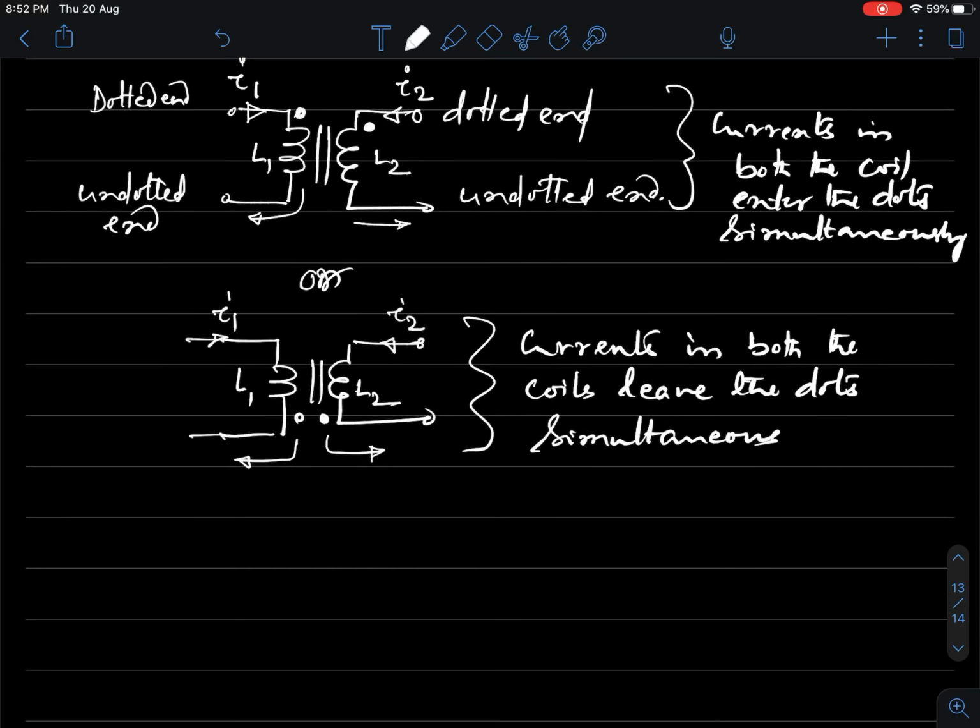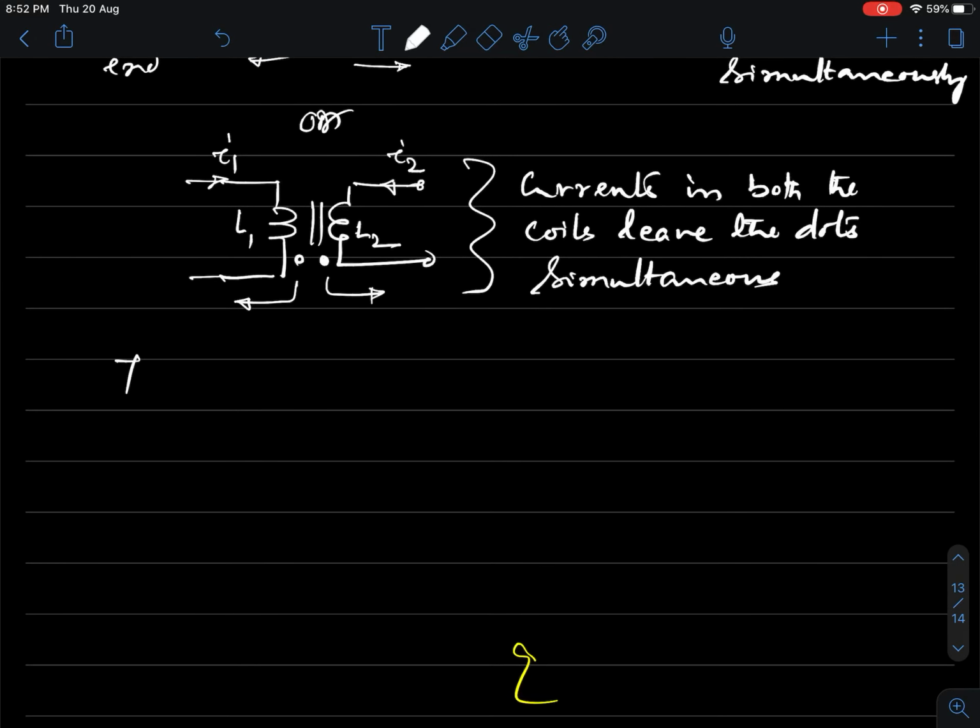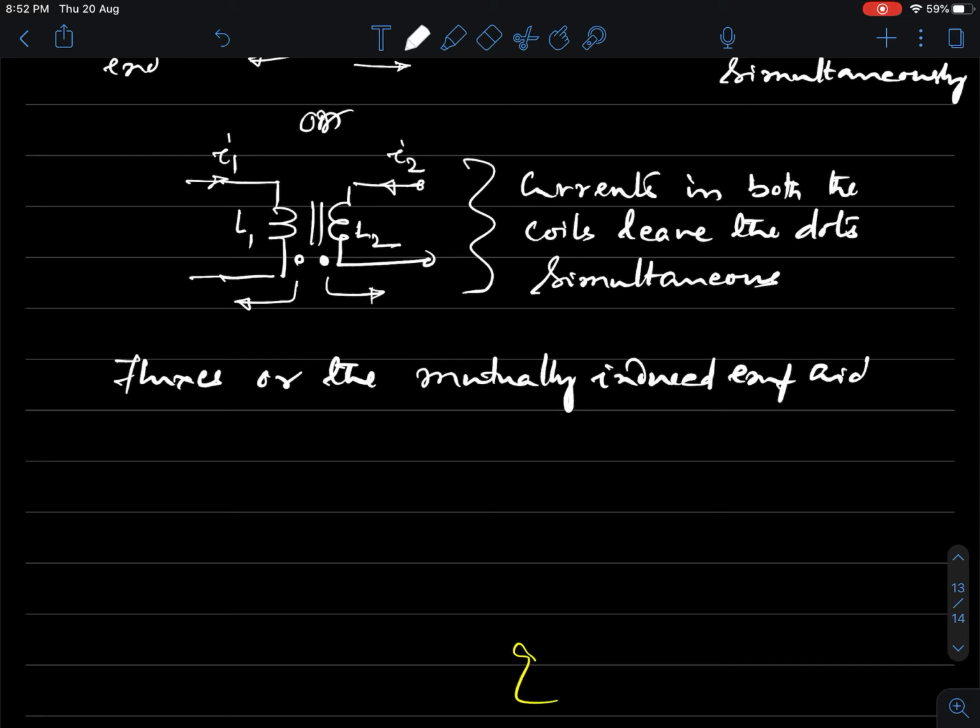Under both these circumstances, the fluxes or the mutually induced EMF aids the self-induced EMF. This is the basic summary.